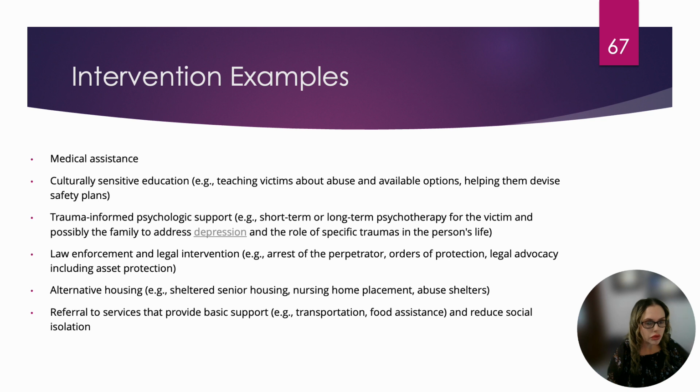You want to provide psychological support, whether it be short-term or long-term, to care for depression and anxiety. You want to have law enforcement and legal intervention, which can include arresting the perpetrator or having an order of protection. You also want to consider alternate housing, like maybe short-term nursing home, like I discussed, and then referral to support services such as transportation or food assistance.